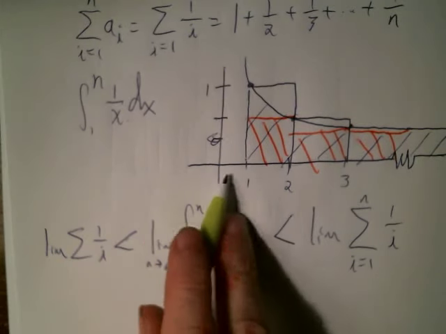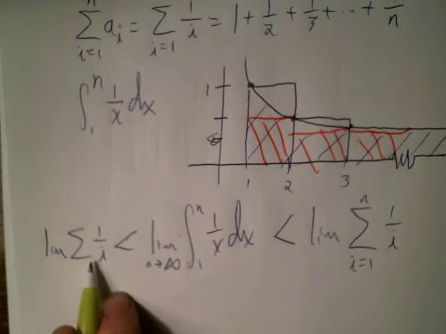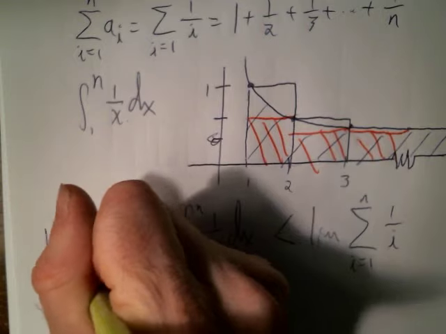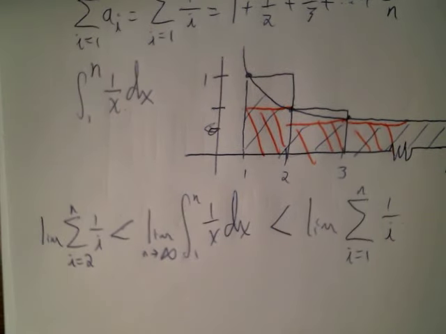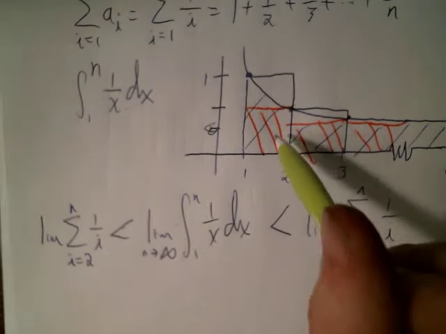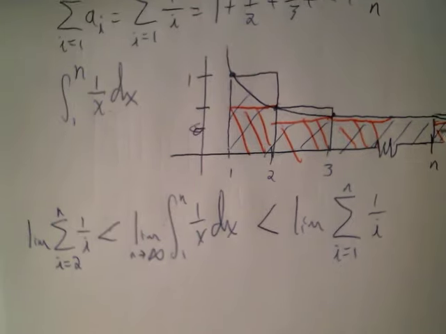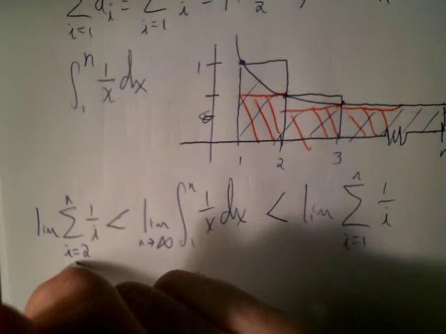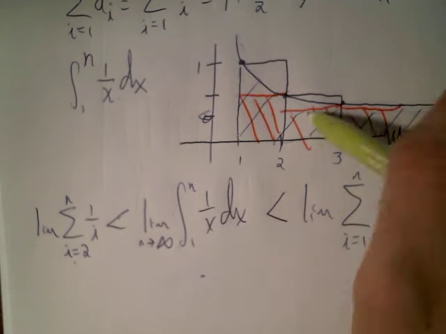Now, I'm going from i equals 2, right? So the first term of this series would be 1/2. But I think we could agree at least that the area of these boxes is less than the area underneath this curve. So if this is convergent, it'll force this guy to be convergent, because you'll know the area underneath the curve is finite, therefore the area of these boxes is less than that finite area. It must also be finite.